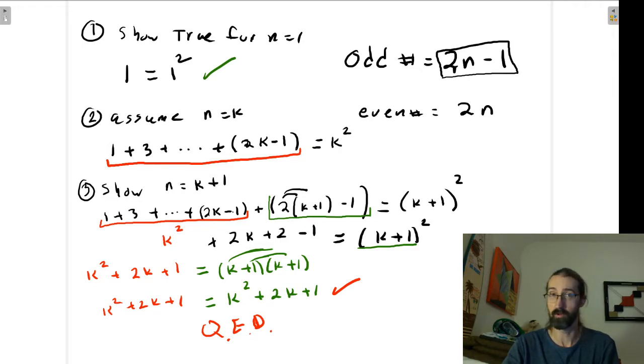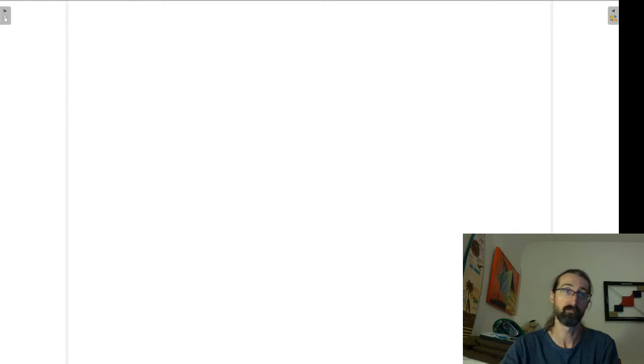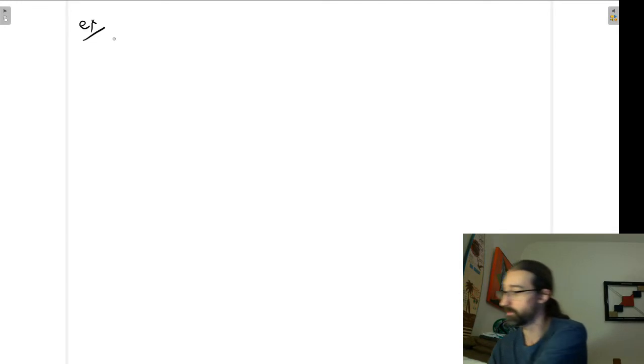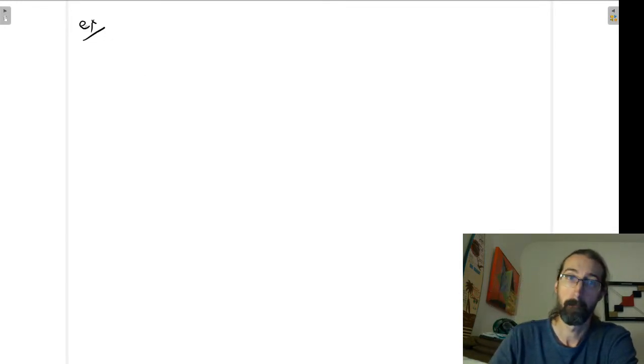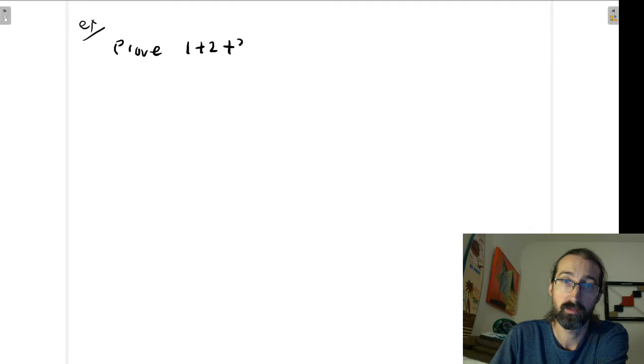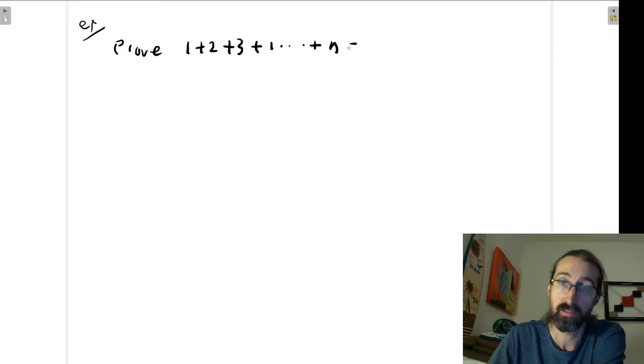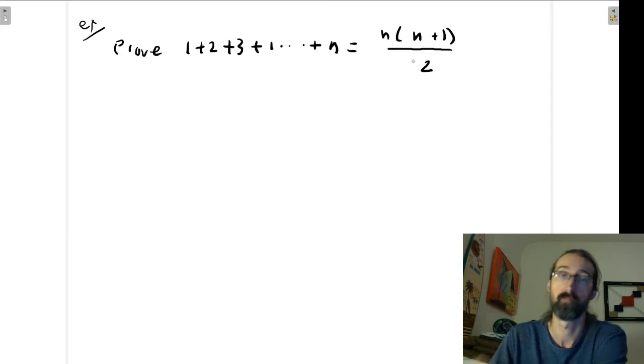Let me show you another one. There's another example. So what I want to do is prove that 1 plus 2 plus 3, if I add up all the integers, dot, dot, dot, plus n numbers, that it's equal to n times n plus 1 over 2.